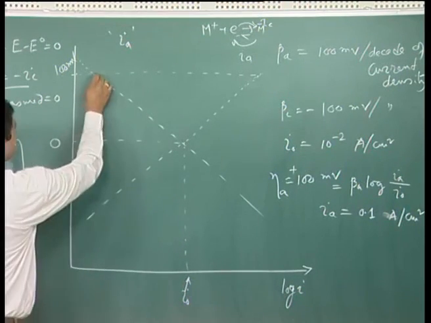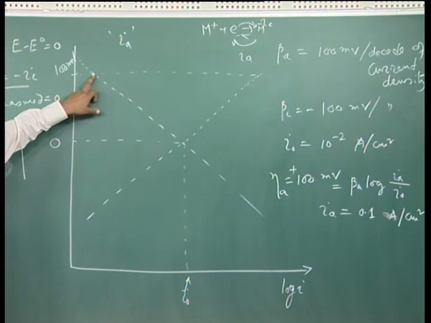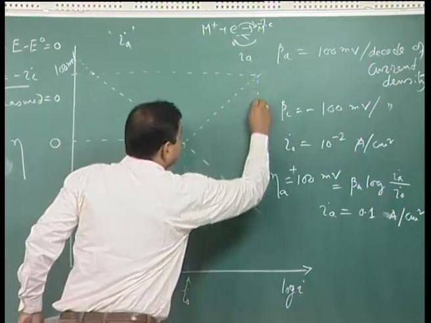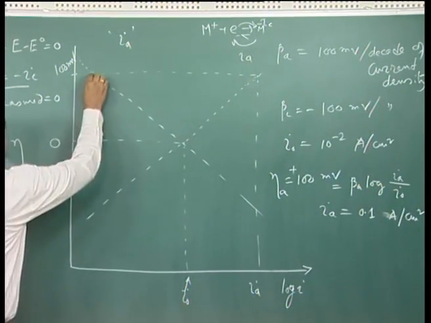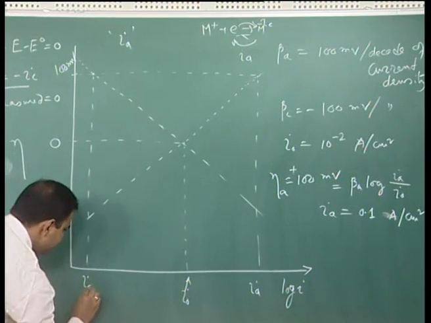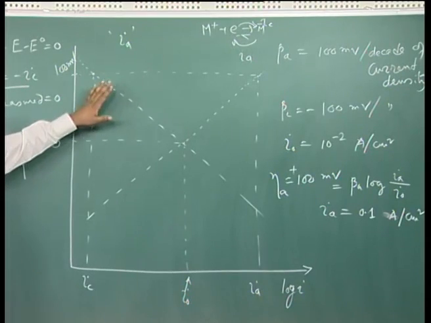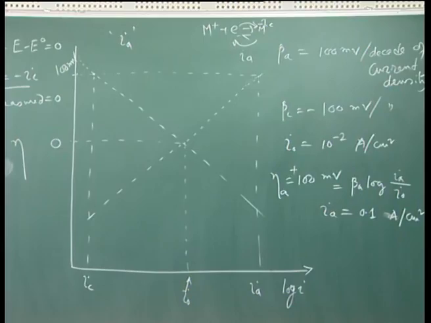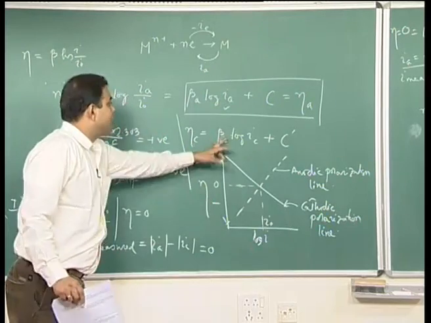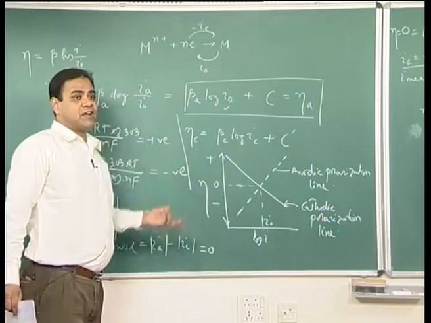So, my cathodic polarization line cuts the 100 millivolt at this point. This is my IA and then this should be my IC. I can also find out IC, just put 100 millivolt, which is plus, in this equation, and I know beta C is minus, and accordingly I can find out IC.